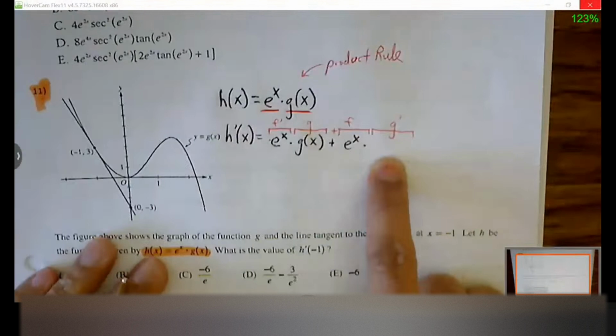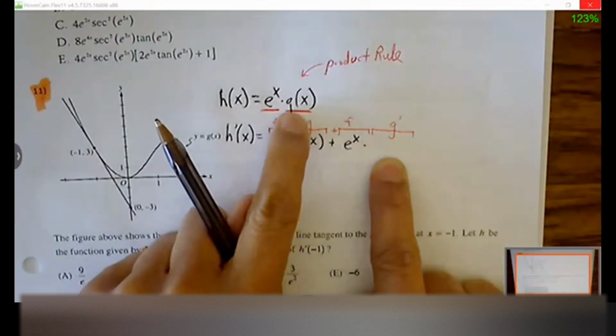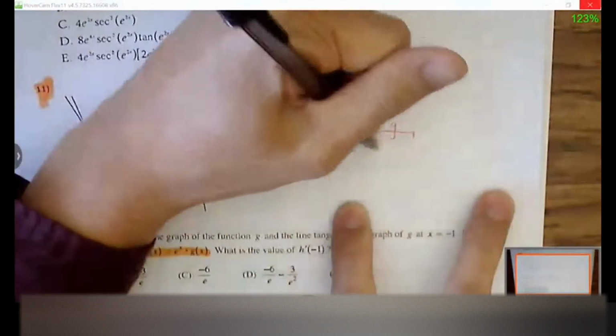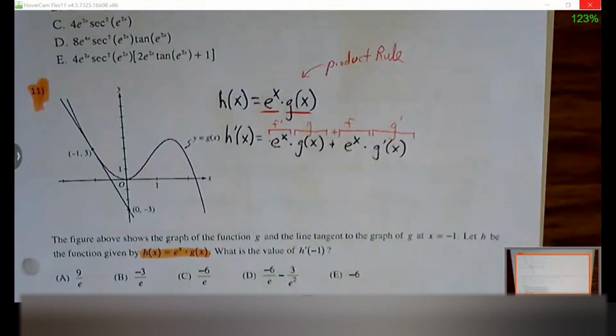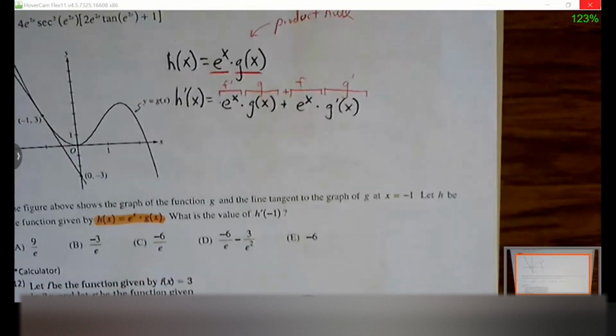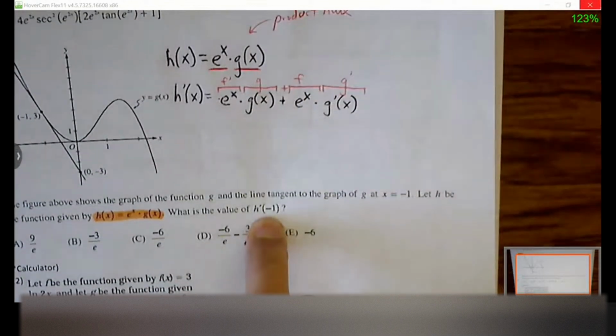G of x's derivative is g prime. All right, so we have our derivative spelled out. Now we can work towards h prime of -1. Replace every x we see with -1.